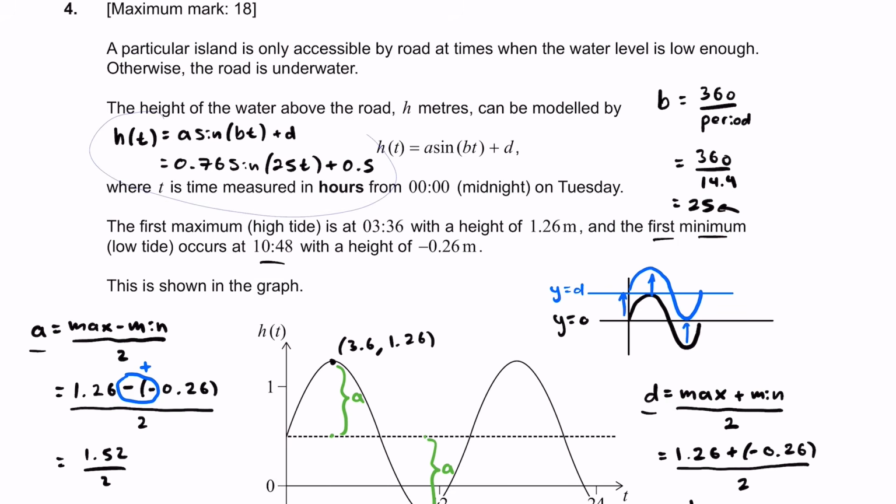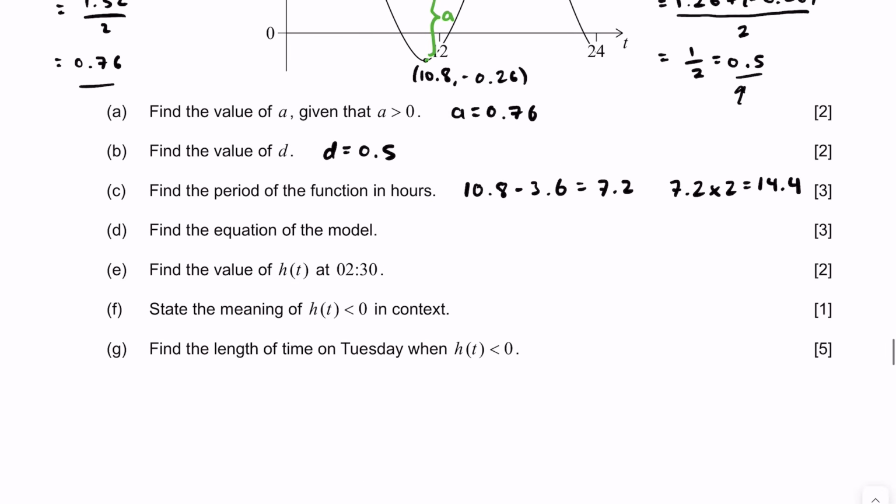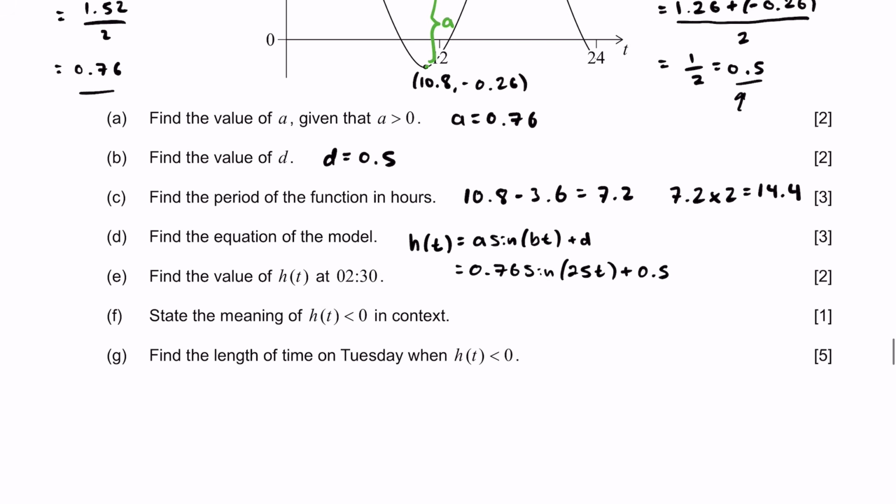All right. So once again, b is not the value of the period. It refers to the frequency, how many up-down cycles or how many complete waves we can fit into 360 units. 14.4 was our period. That means we can fit 25 waves within 360 units. So the total equation of the model is 0.76 sine 25t plus 0.5.